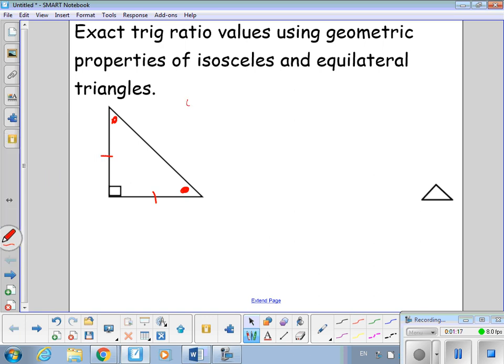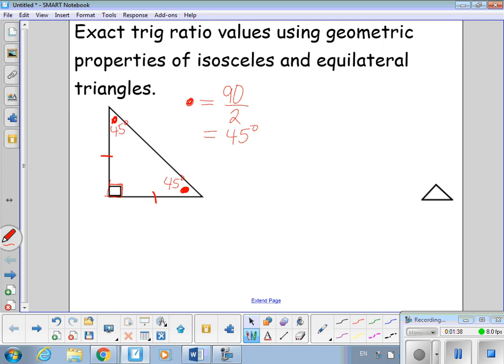Because we know this is 90 here, each of them is going to be 90 divided by 2, which is 45 degrees. Okay, so in a special isosceles right angle triangle, we note that these angles are 45 degrees.